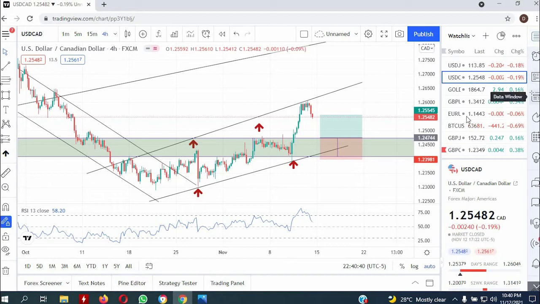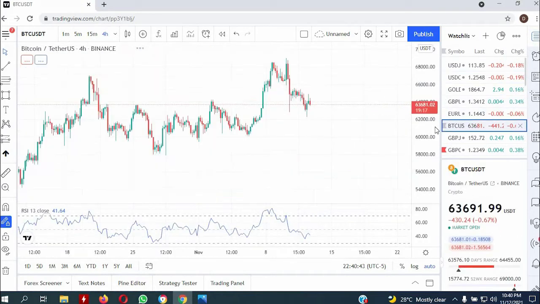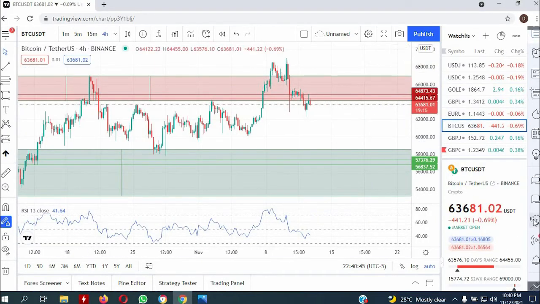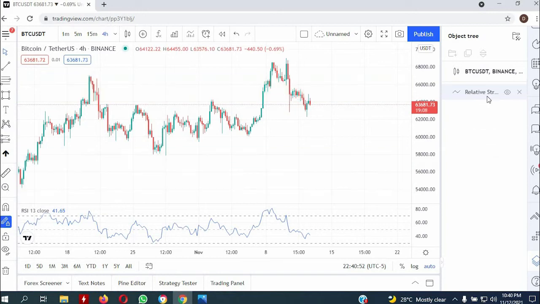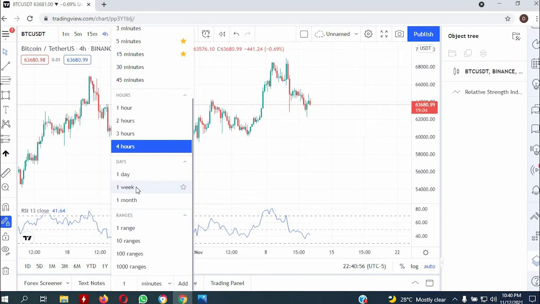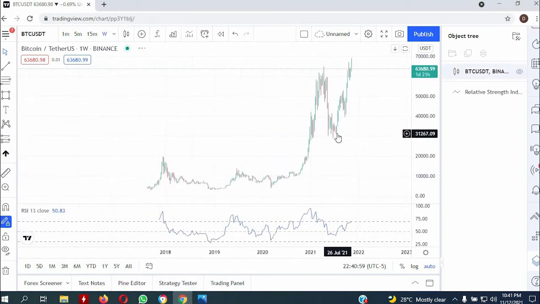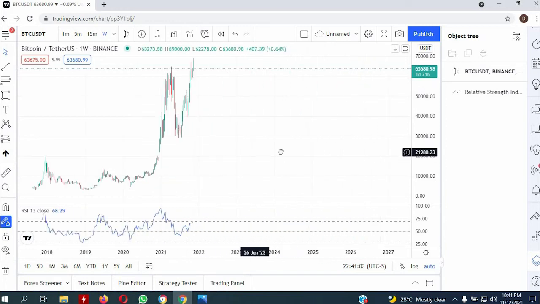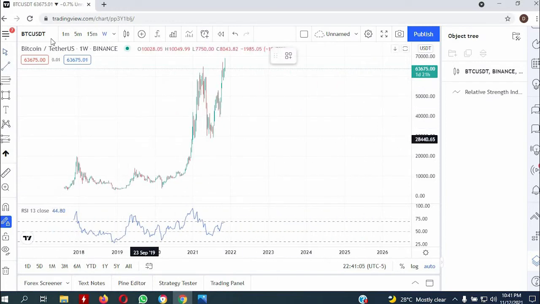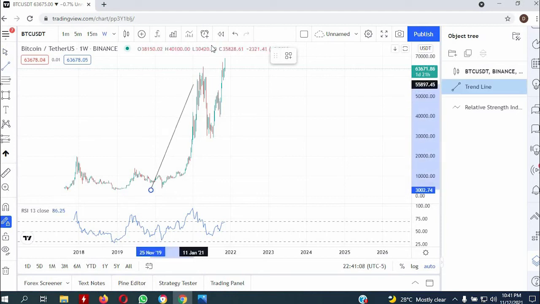So let me go over to the Bitcoin USD. For the Bitcoin USD on the weekly time frame, the Bitcoin USD is very bullish.